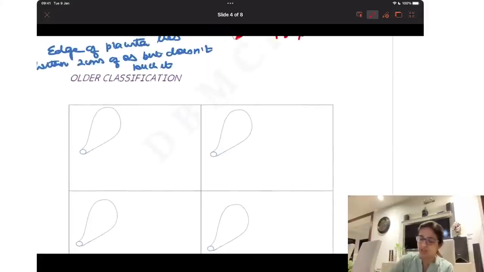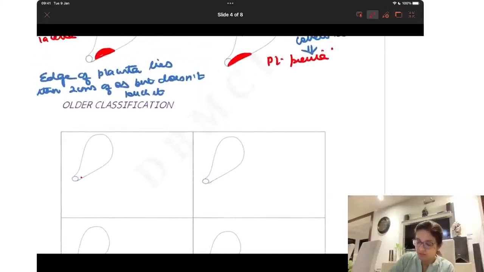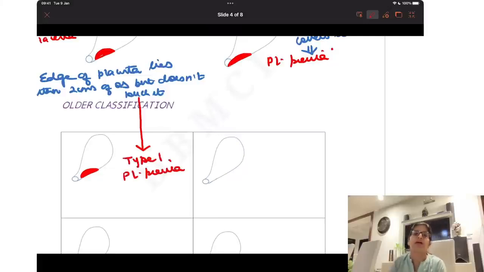Older classification के according, जो आपका low-lying placenta था, that was type 1 placenta previa. Low-lying was type 1 placenta previa. It was also called lateral placenta previa.